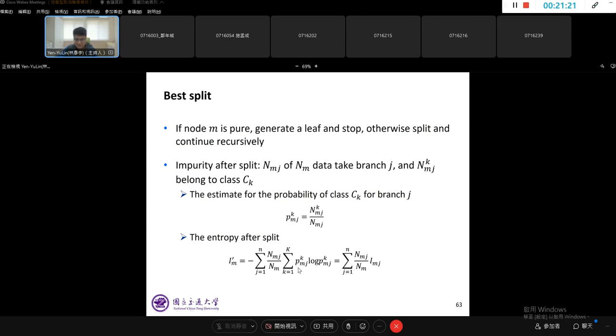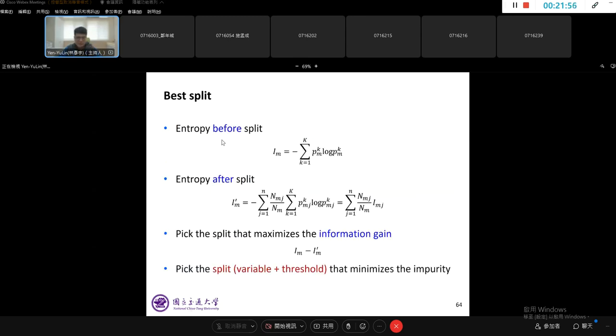So after some arrangement, you can find that the entropy after split is simple. We can calculate the entropy for each individual branch, and the entropy of each individual branch is associated with the weight. So it turns out that this is the entropy after split.